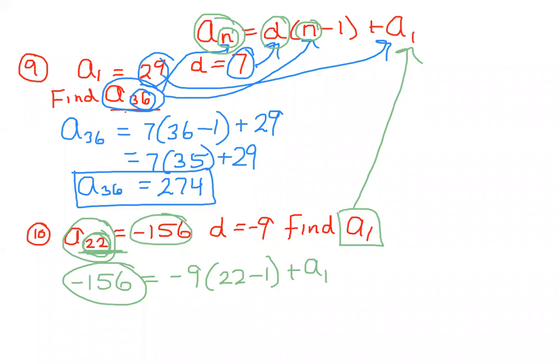Now you can just solve this for A1, and you should get A1 equals 33 if you solve this. Okay, let's look at number 11. Again, I'll put this up here so we can see what we know and what we're looking for.